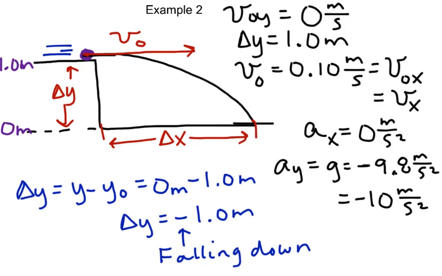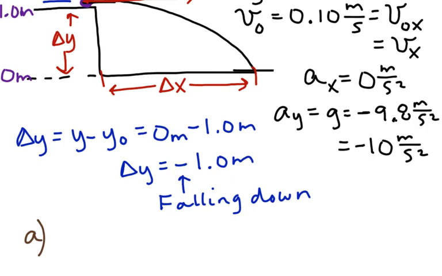So I need to go back up to my givens and make sure I put in a negative there for delta y. So I'm going to change my delta y in my givens to make sure that it reflects the negative. So for my delta y here, I'm going to have a negative 1.0 meters.